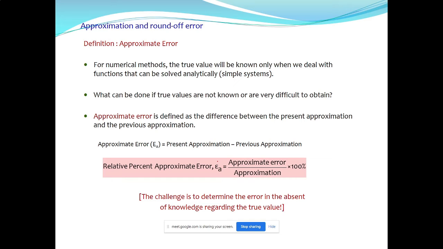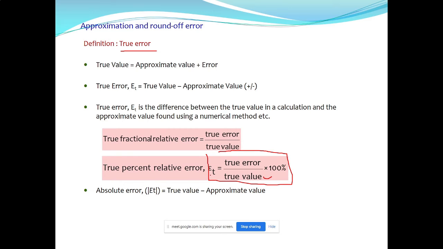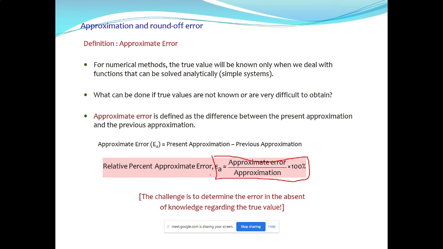Senang, EA. EA, approximate error. Okay, so EA, approximate error, is your approximation error divided by approximate, times with 100%.